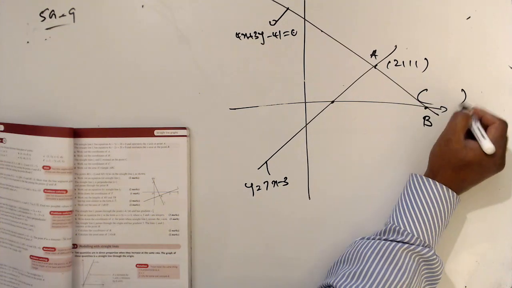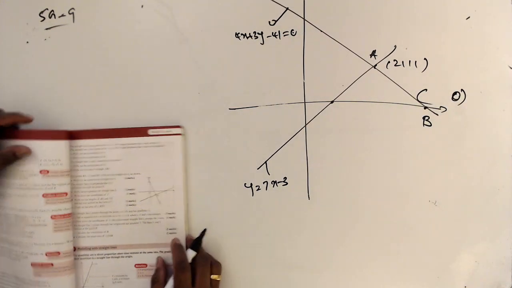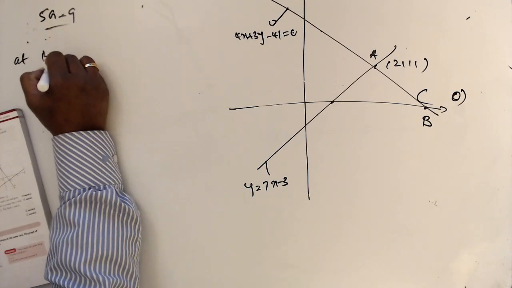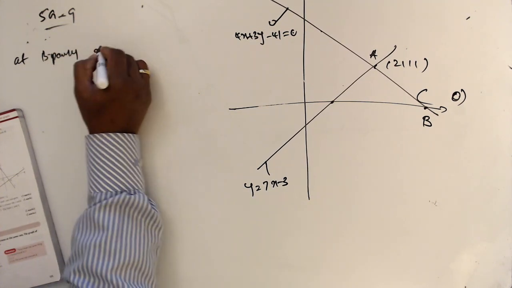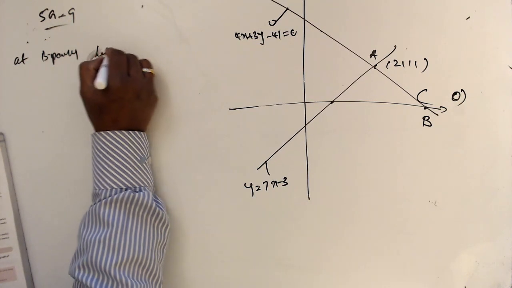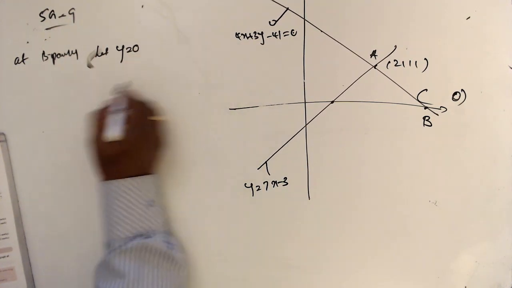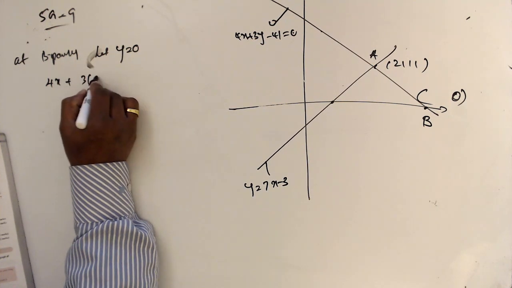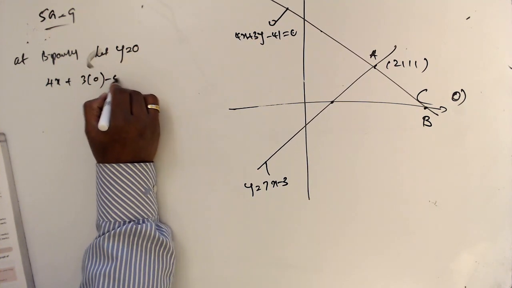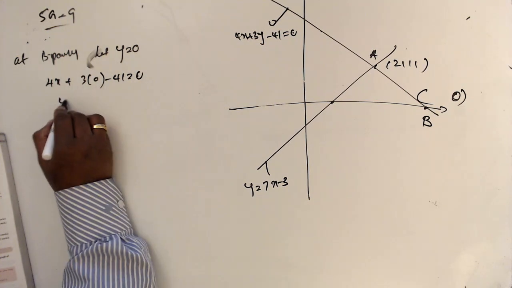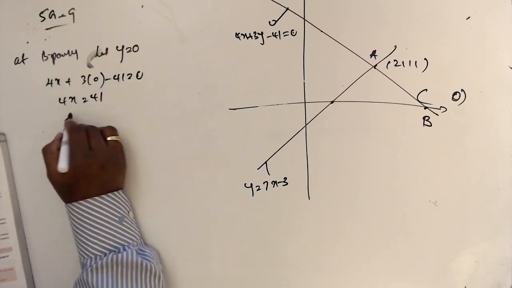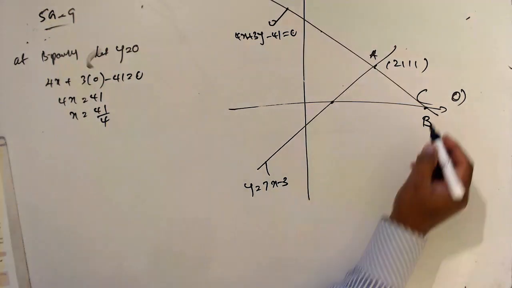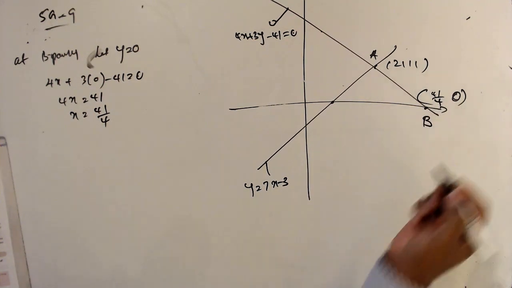At B point we know y equals 0. Then 4x plus 3 times 0 minus 41 equals 0. 4x equals 41, x equals 41 over 4. So this is 41 over 4.